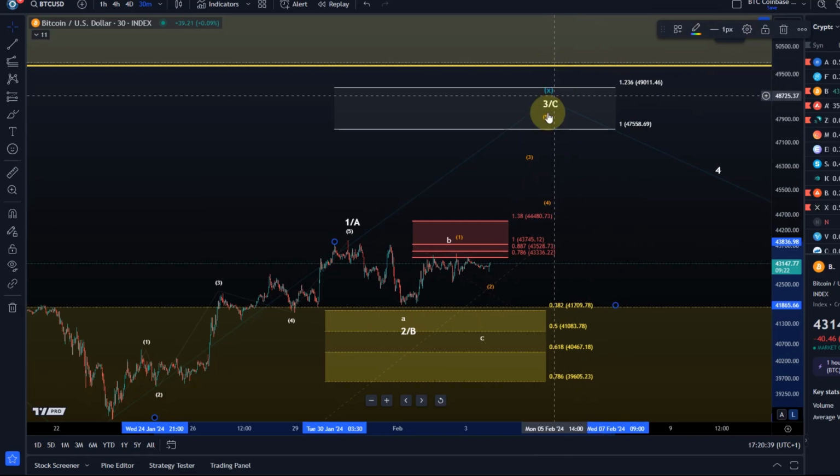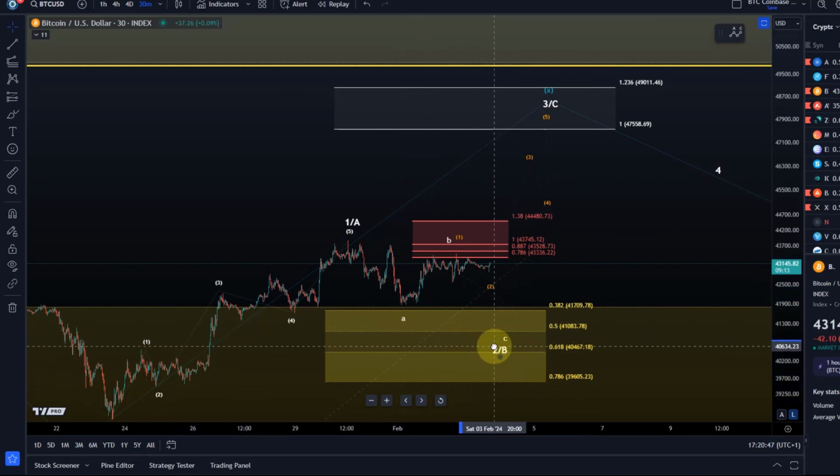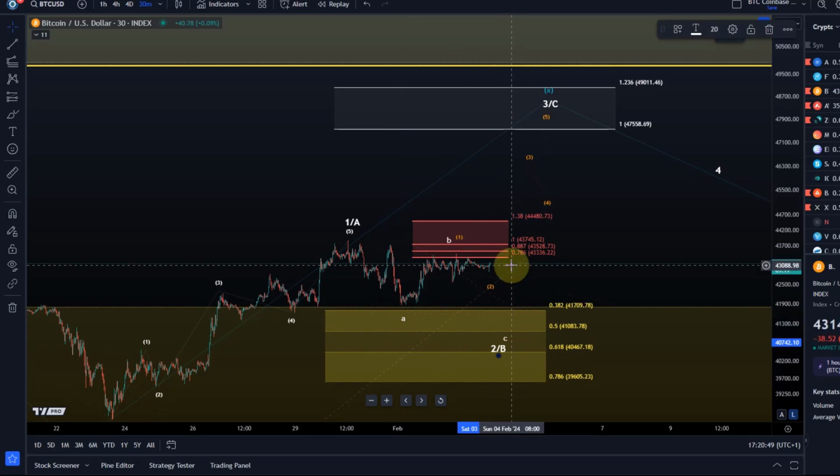This would be, let's say, the minimum I would like to see. But again, if the C wave comes down in our short-term bearish scenario, which I currently prefer slightly, but again, they are both part of the same scenario, then this target area would change a little bit.